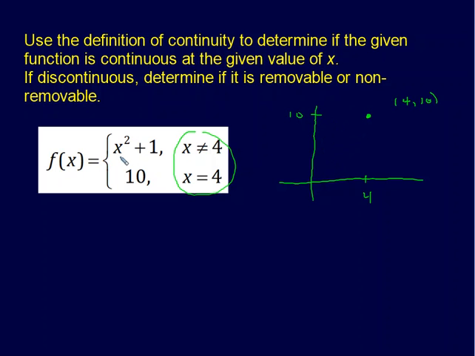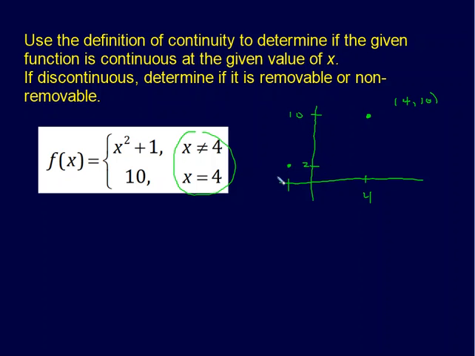This says the function is y equals x squared plus 1 as long as x is not 4. To draw a little bit of the graph, I might start a little bit over here, like at -1, and draw the first couple points. Like if x is -1, the y value would be 2.